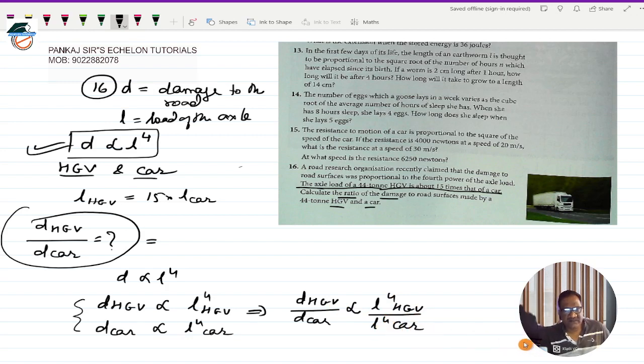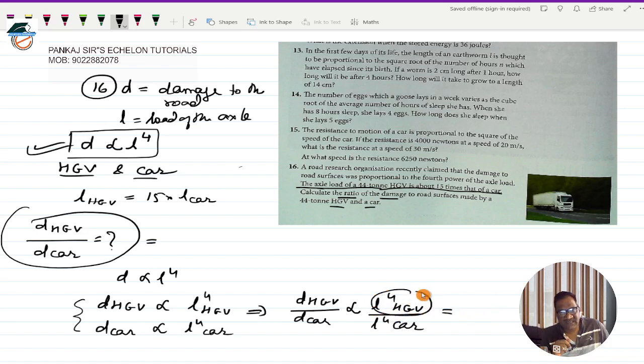Okay, now as I told you, this is a very logical question. When these two are proportional, these two also have to be proportional, but then there's a relationship between these two. Okay, what is that relationship? The axle load of the HGV is 15 times that of the car.